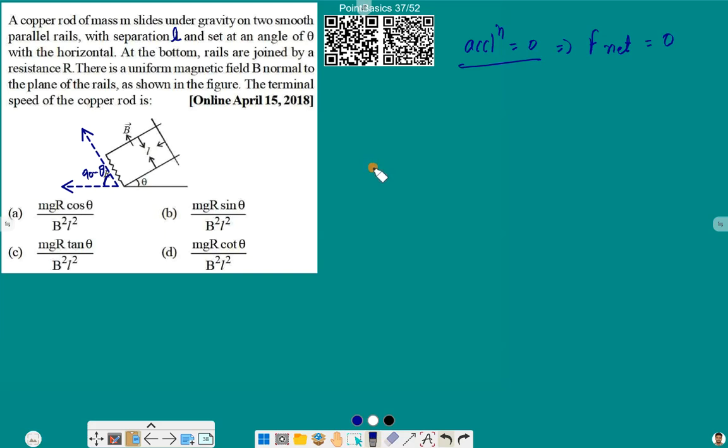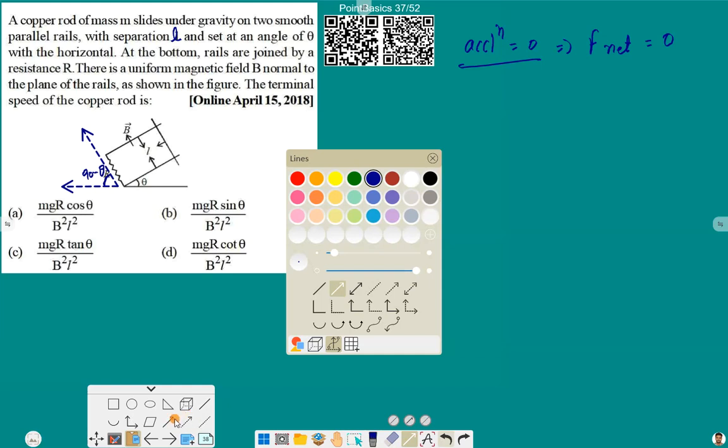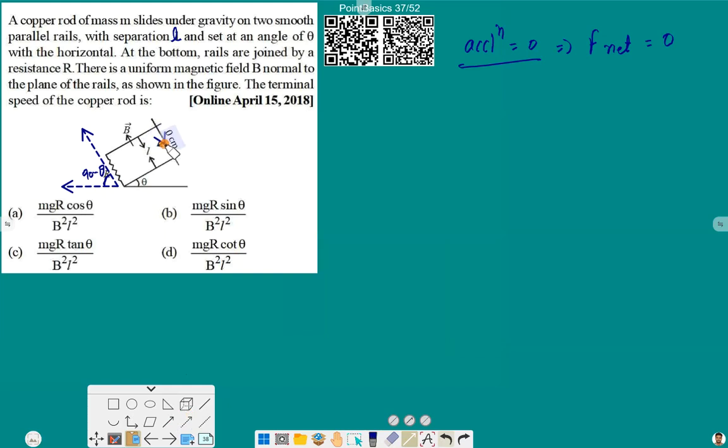To find the net force, we need to find the components of the different forces acting on this rod. First of all, there will be the weight, mg, acting downward on the rod, and this angle will be theta.